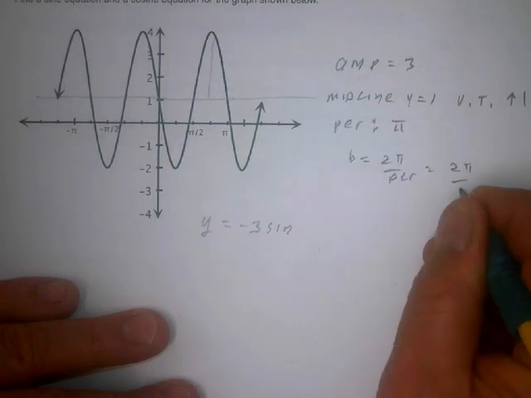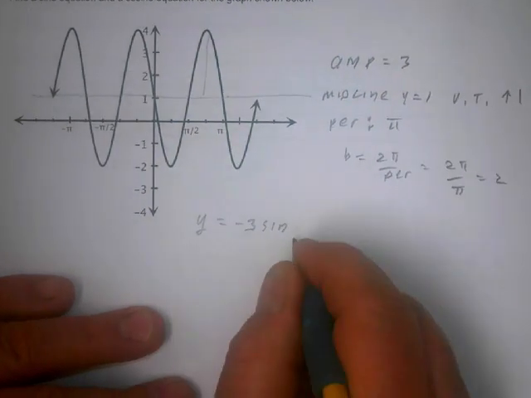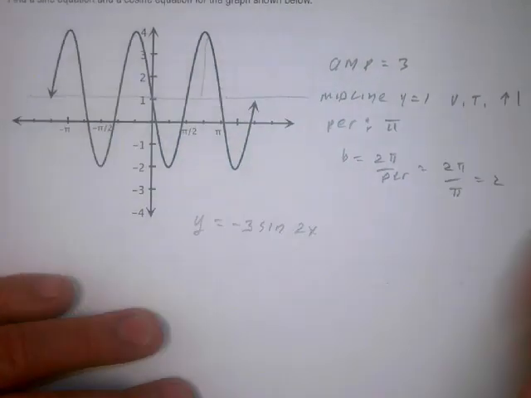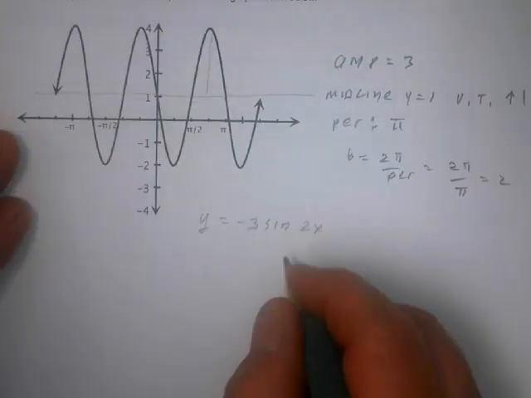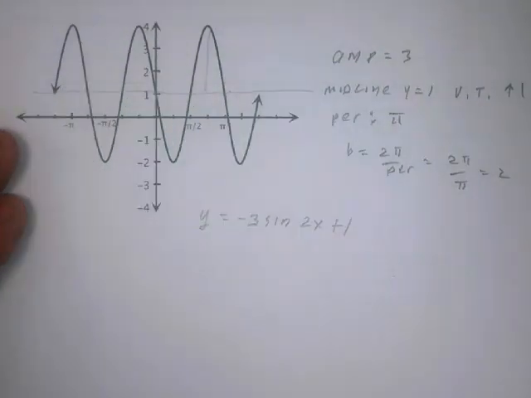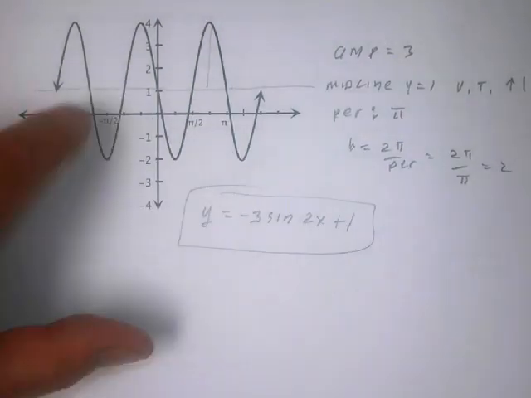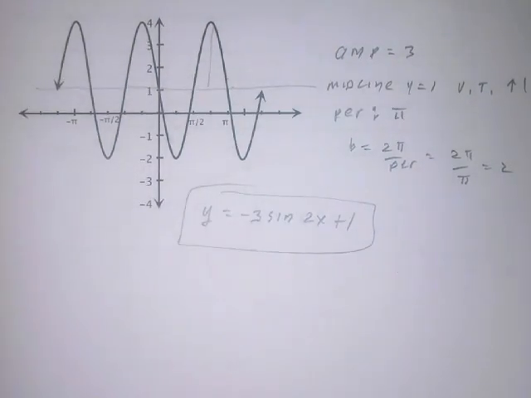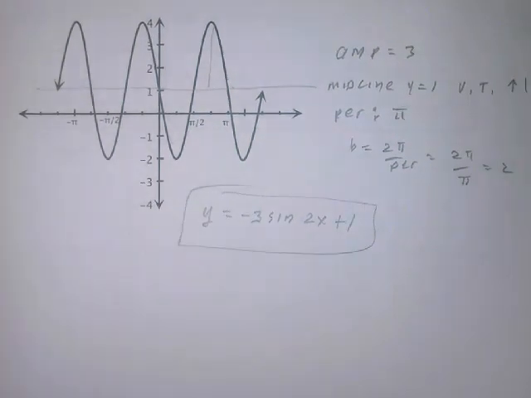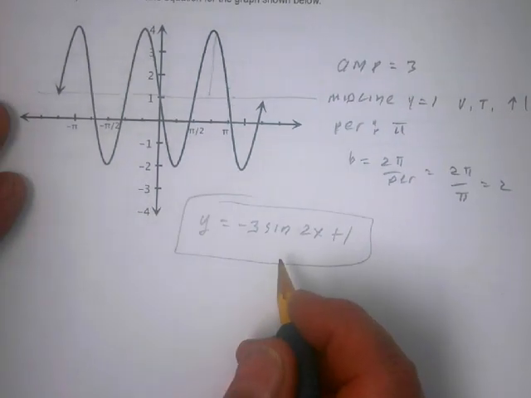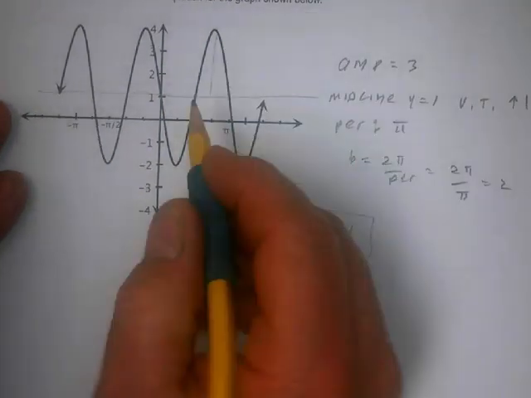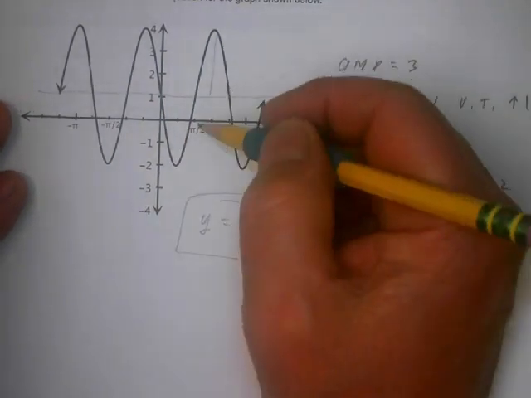Remember, b is going to be equal to 2 pi over the period. 2 pi over pi, which is 2. So that's 2x. I shifted it up 1, so this is going to be a plus 1. So this would represent a sine curve of that graph.